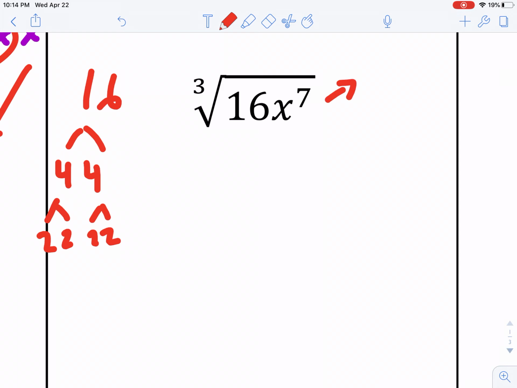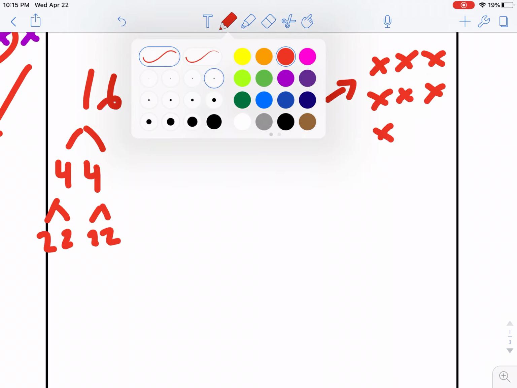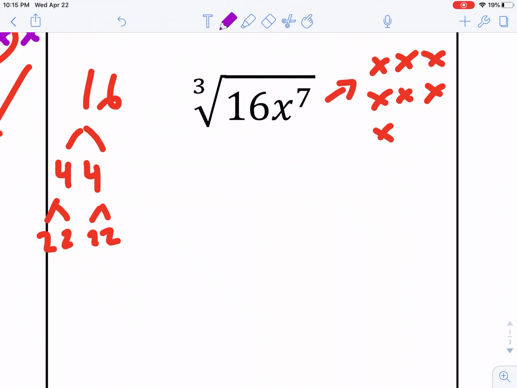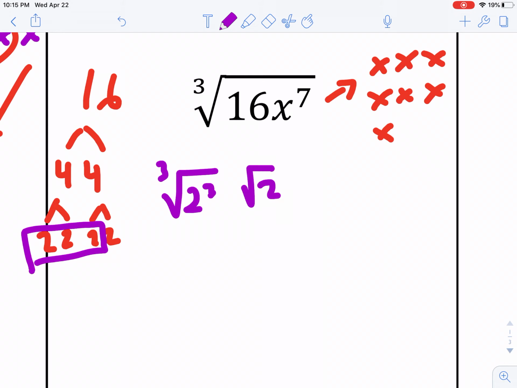X to the 7th means that there are 7 x's. And again, this 3 means I want them in groups of 3's. So I have 3 2's there. So I'm going to write 2 to the third power and a leftover 2.